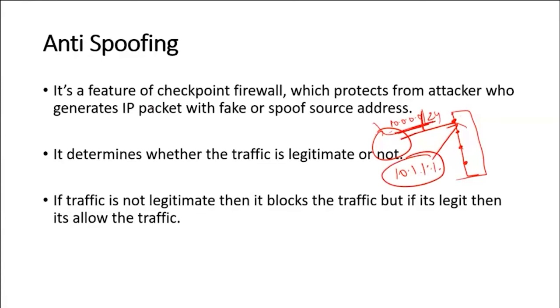Anti-spoofing is a feature of Checkpoint firewall that protects from an attacker who is coming with a fake IP address. The traffic is coming to the same interface but it's not configured here, so it considers it a spoof IP address.